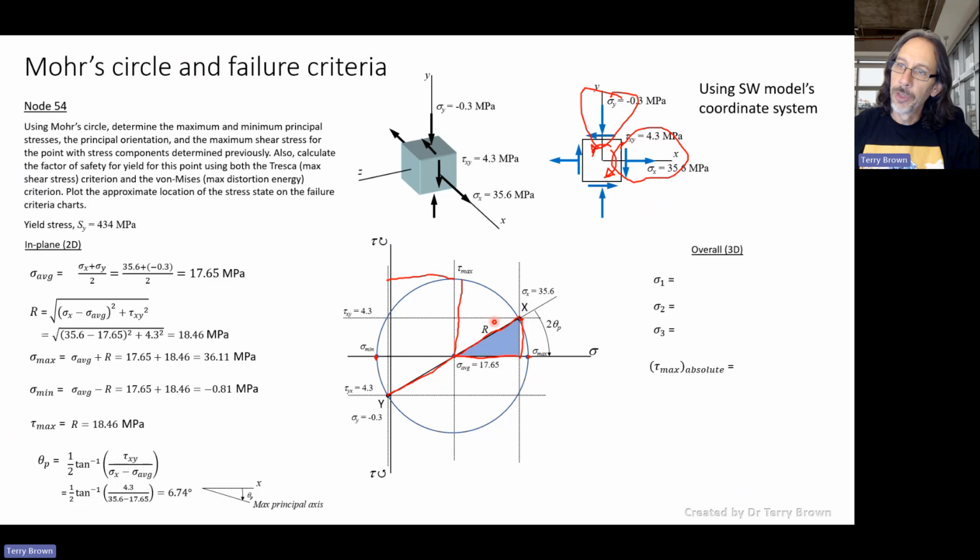And we rotate our coordinate system in the same direction as we go on our Mohr's circle. So we go from X clockwise around to the maximum principal stress axis. We do the same thing with our element here.